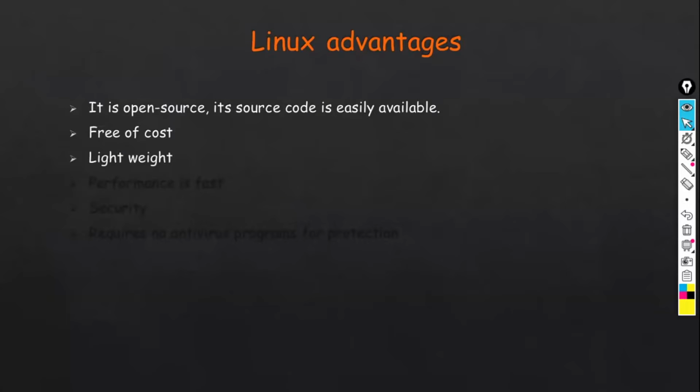And it is lightweight. Why do we call it lightweight? Because the storage of the Linux operating system is very small. I'll tell you the difference. If you download a 4K video song, it is around 100 MB.